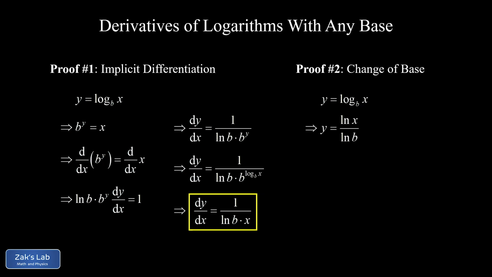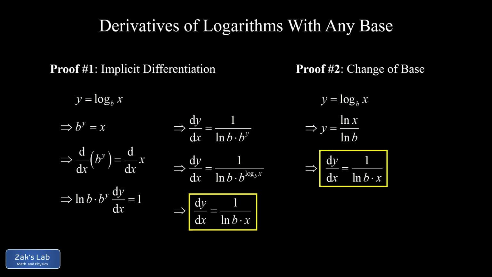So y has been rewritten as natural log x divided by natural log b, and now we can just use our old formula for the derivative of natural log x. That natural log b is just a constant there, so it doesn't affect the derivative. So we take the derivative and we just get a 1 over x from differentiating the natural log x, and we arrive at the same answer. The derivative of log base b of x is 1 over natural log b times x.